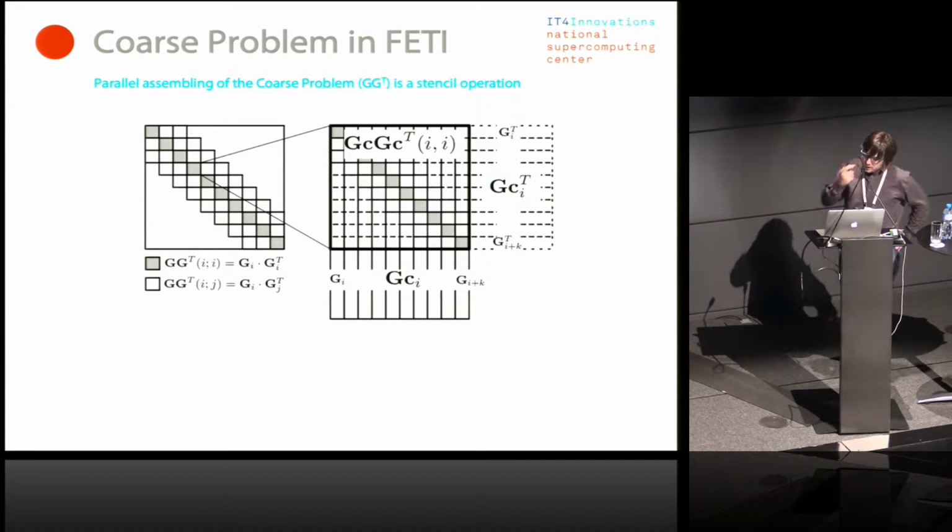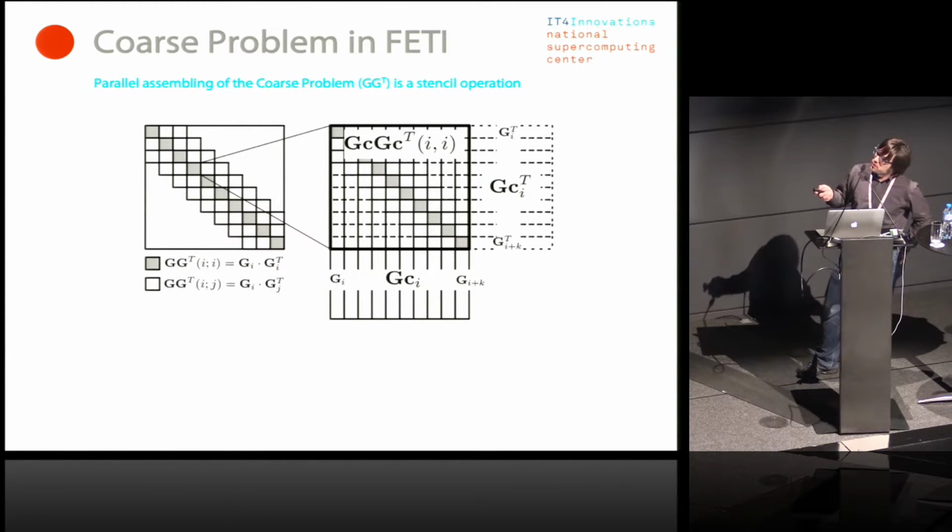The other way to do it would be to collect all the natural coarse problem matrices, the matrices G, and then multiply this matrix by its transpose, which we tried at the very beginning, but when you get to large matrices, it's very slow and it doesn't even fit into the memory anymore.